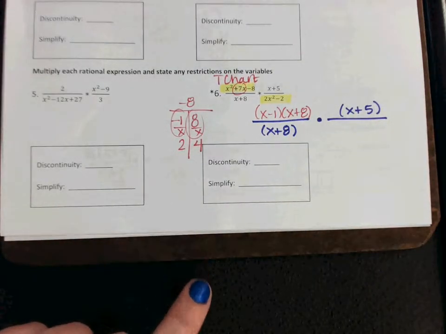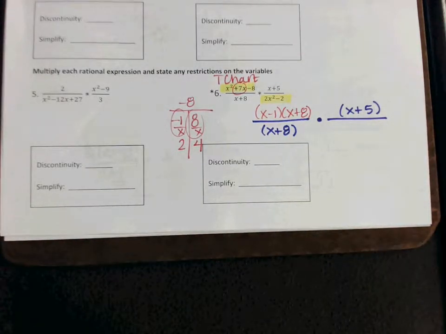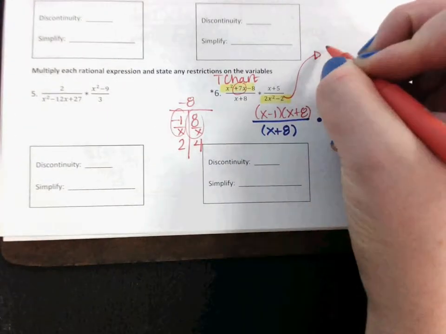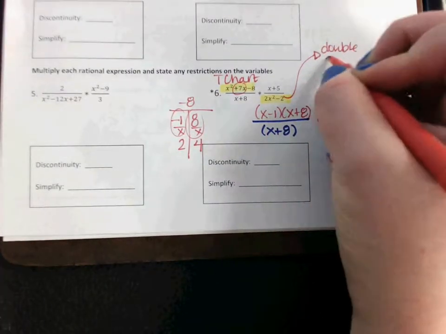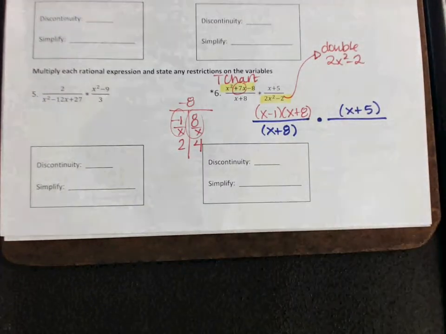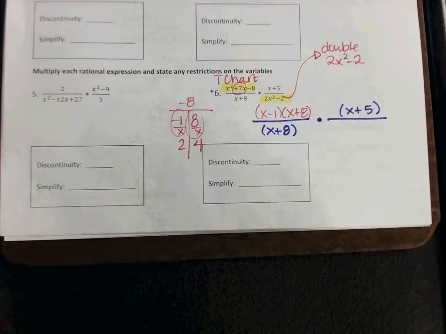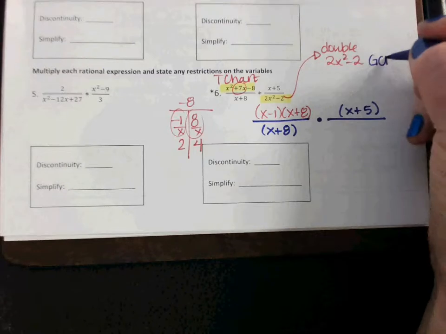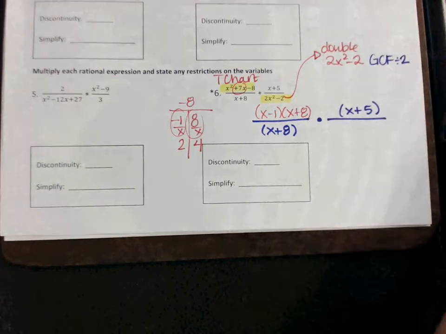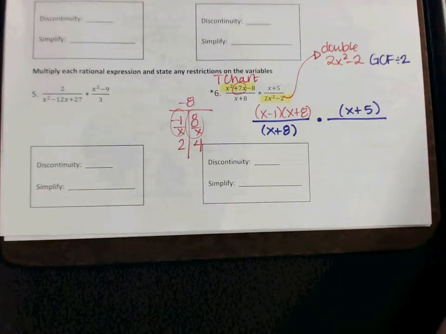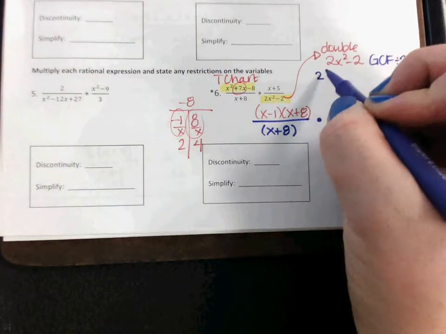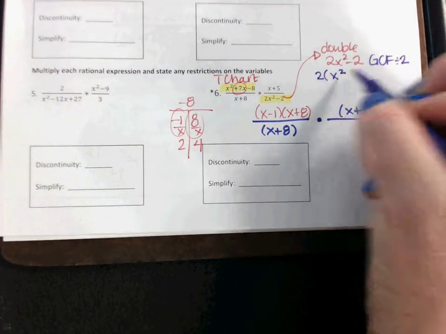Okay, the reason I wanted to do this one is that bottom right is going to be a double. So see if you can do that bottom right, just like we did in the notes. So it's 2x squared minus 2. What's step 1 for the double? Take out the what? The GCF. What is the GCF? 2? So I'm going to take the 2 out and then see what's left over. So when the 2 comes out, the 2x squared is just an x squared now.